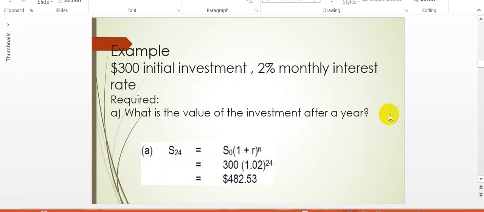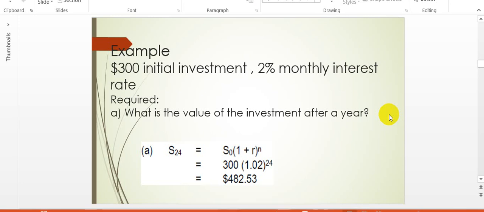We look at another example. We invest 300 at 2% monthly interest rate.